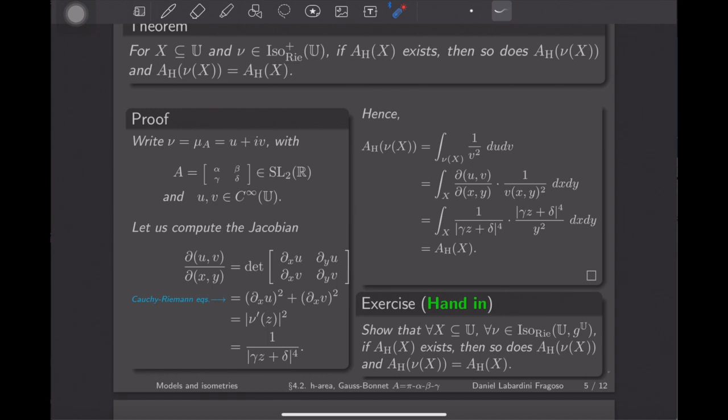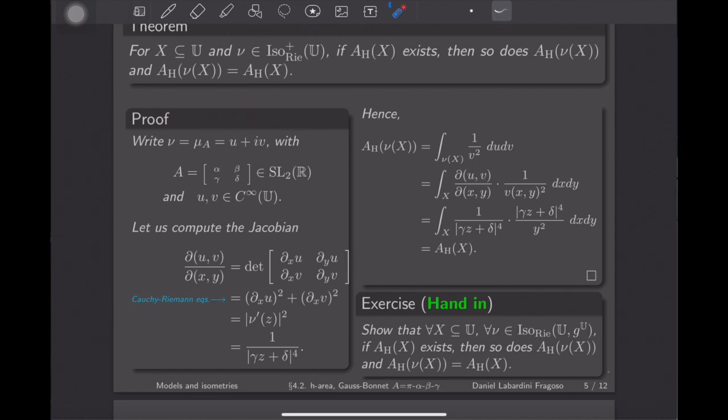So instead of integrating over nu of X, I can integrate over X as long as I take the change of variables. So v becomes v of xy, so it becomes the value of the function, and then here I substitute the Jacobian.